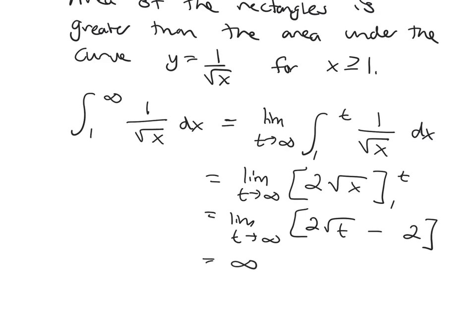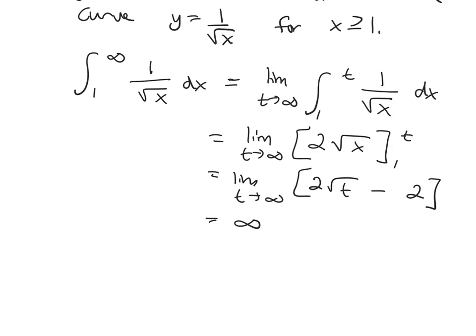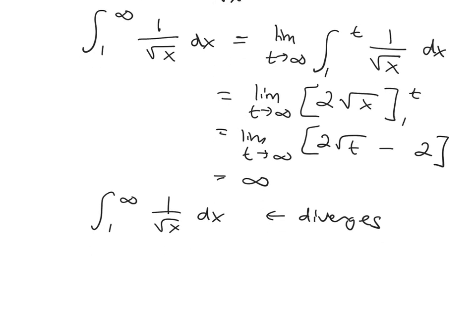The series can't converge because this lower bound goes to infinity, so this bigger thing also has to go to infinity as well. So all of this is telling me that the integral of our function diverged, which now tells me that my series diverges as well.